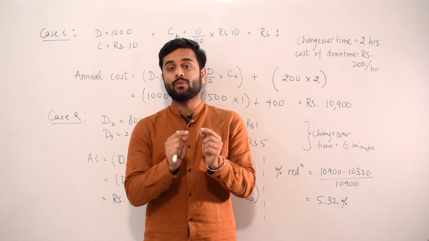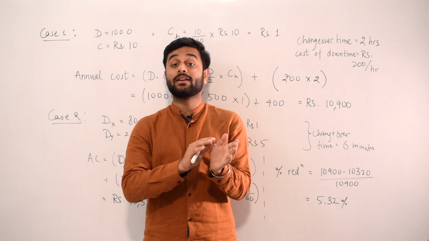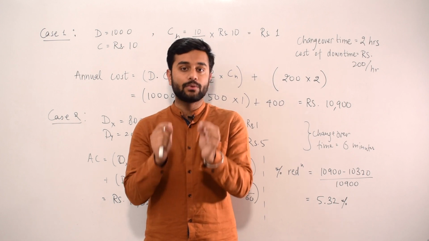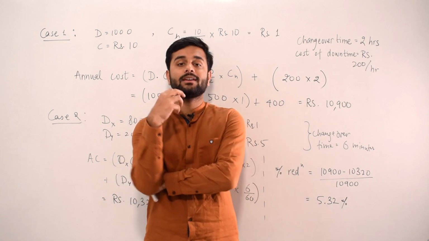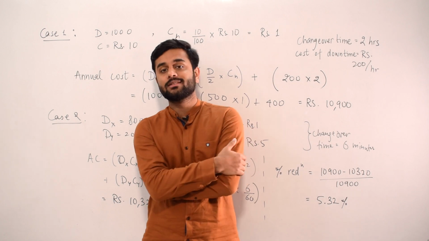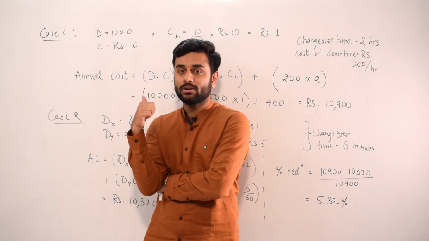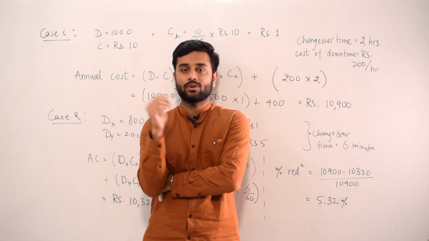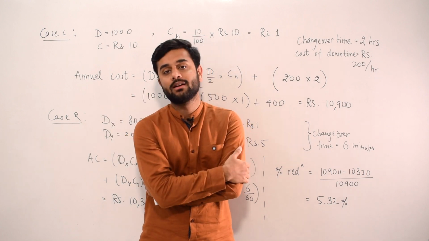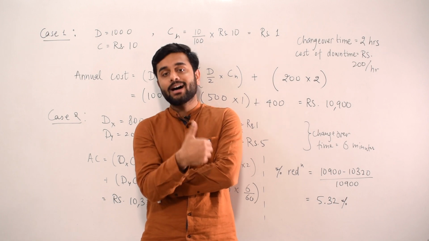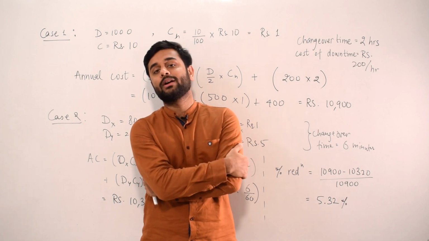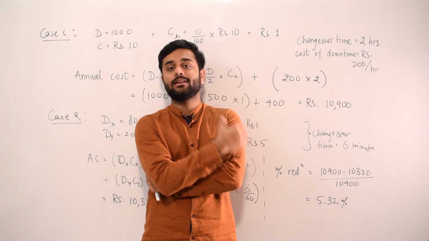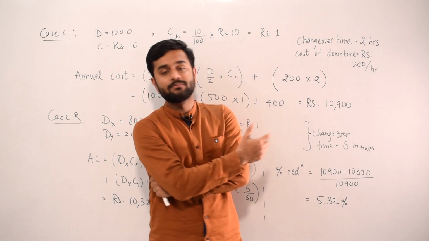But there is one more way which will give you a different answer, if you consider that we are placing multiple orders of EOQ. Because here I considered that we are just placing a single order of 1000 or of the other quantities. But if we are placing economic order quantity, then the approach and the answer will slightly change.